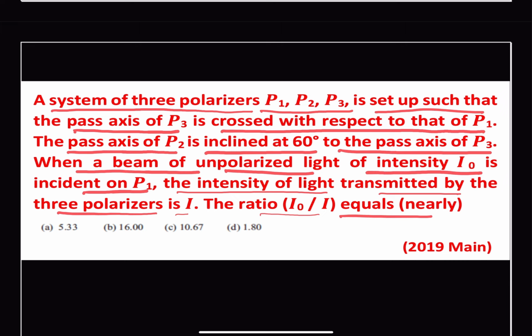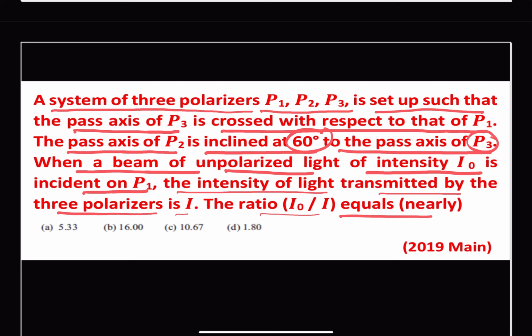So we have three polarizers P1, P2 and P3, and we are given that the pass axis of P3 is crossed with respect to P1, and the axis of P2 is inclined at an angle of 60 degrees with the pass axis of P3. Okay.